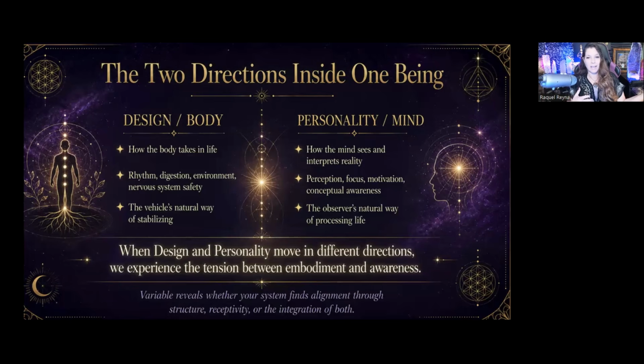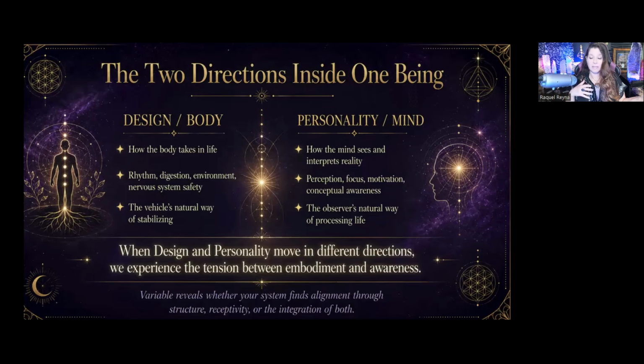So the design is the body, it's how we take in life, it's the digestion, the environment, the nervous system. It's the vehicle's natural way of stabilizing. And then the personality is how the mind sees things, how it interprets reality, the perception, the focus, the motivation, the conceptual awareness, the observer's natural way of processing life.